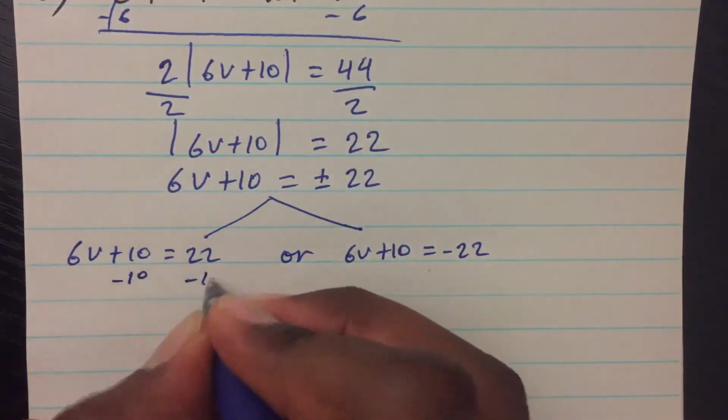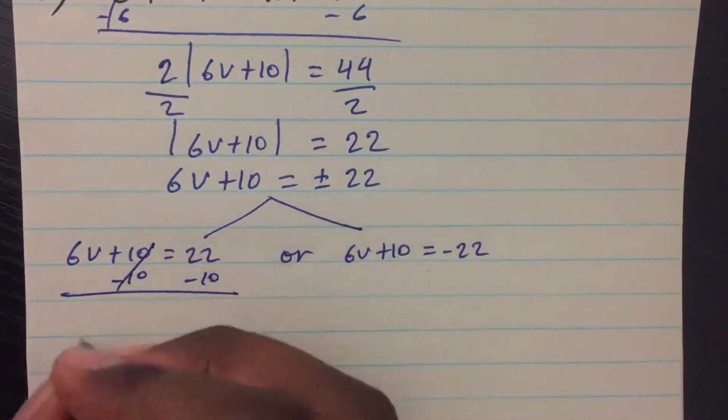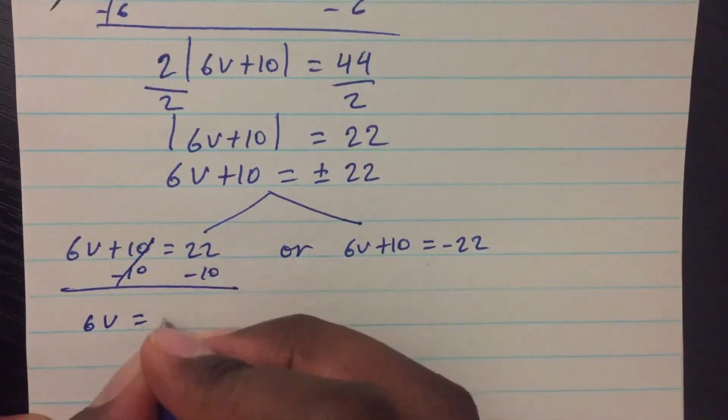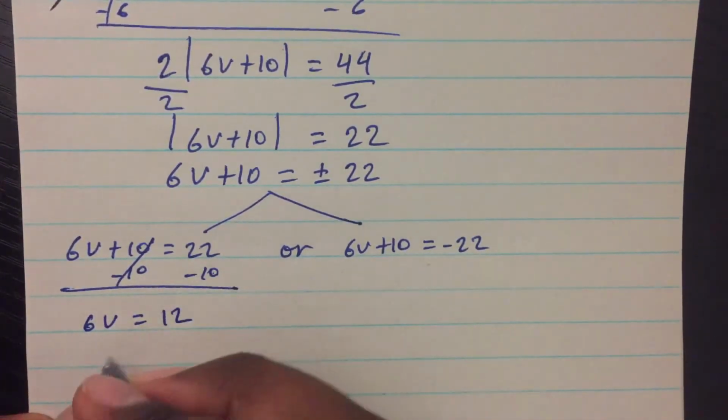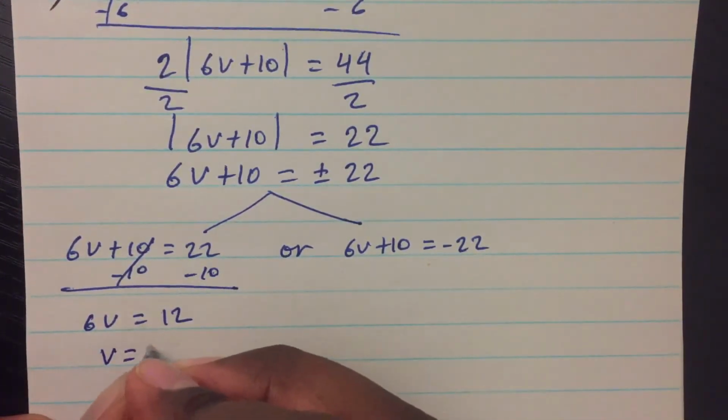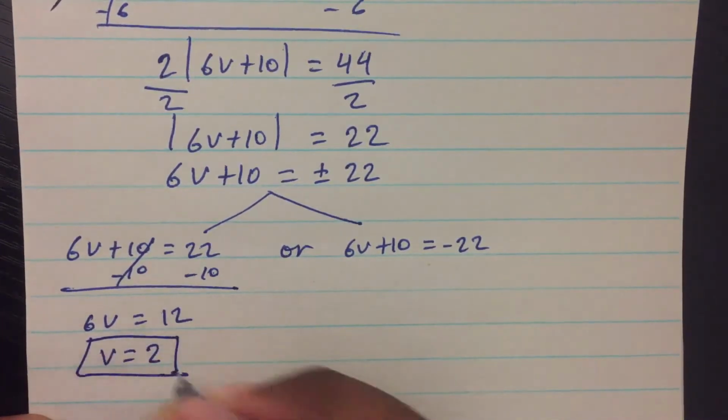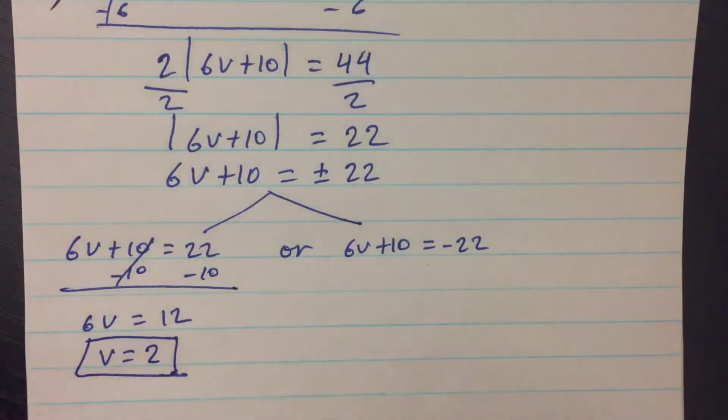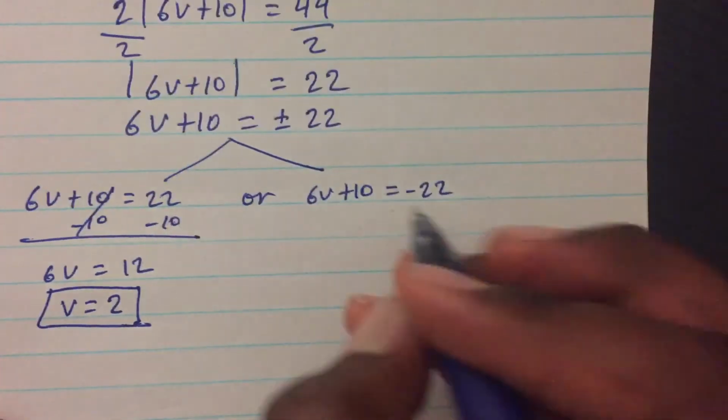We subtract 10 from both sides. 6v equals 12. Divide by 6, you get v equals 2. Now for the second equation, we'll do the same steps.